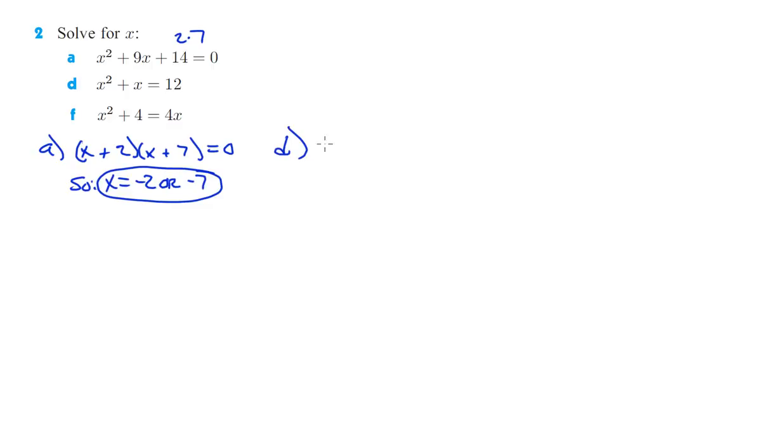All right. D, we have x squared plus x equals 12. I'm going to move my 12 to the other side here so that we end up having x squared plus x minus 12 equaling 0. So then we can factor this and figure out what will work to make it multiply to get 0. Factors of 12 that have a difference of 1, because that's a 1x, right?